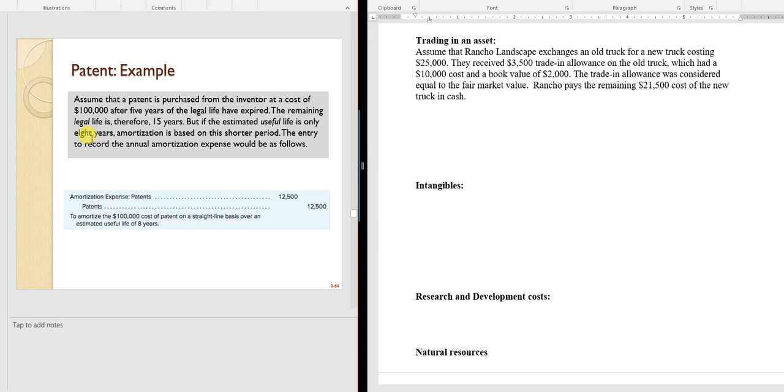So obviously, if you had a patent on iPhone technology and you could get that patent for 15 years, we all know that technology is going to be out of date in much less than 15 years. So make sure you know it's useful life, not its legal life. And once you think about that, it should make some sense.